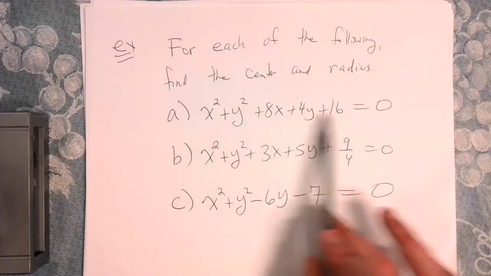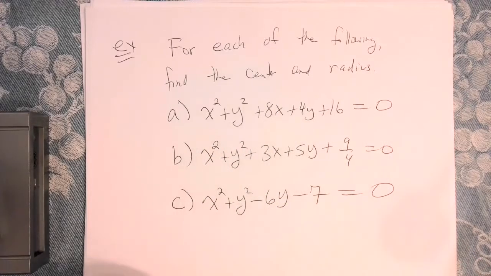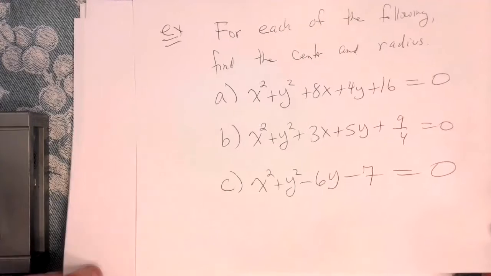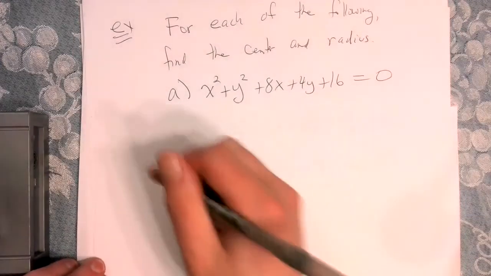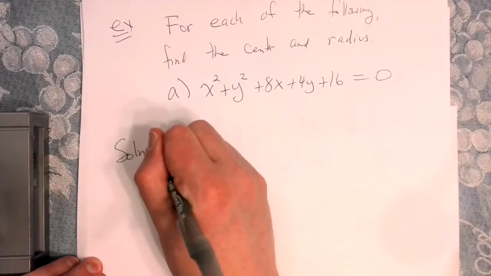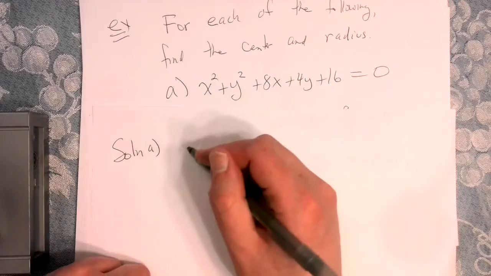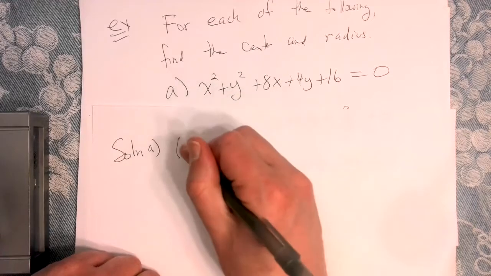Okay, so hopefully you can tell that each of these is in general form. So our goal is to get each of these in standard form, and here's where we apply completing the square. For A, because I want to complete the square, let's gather up the x terms.